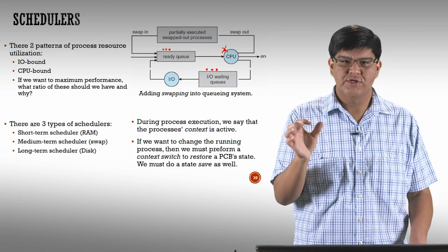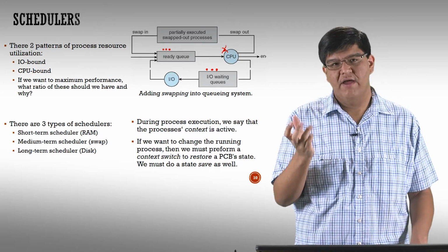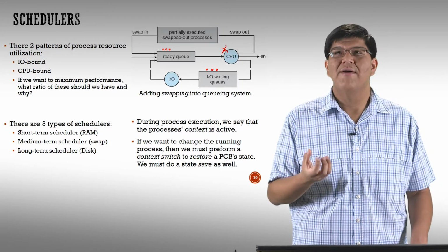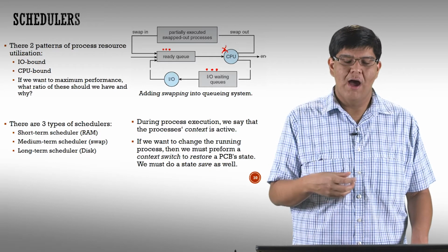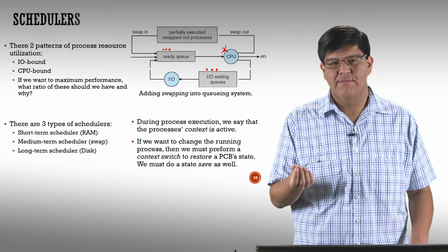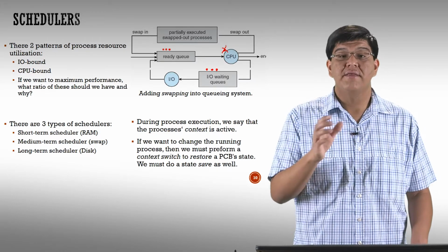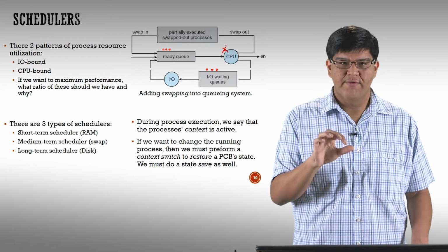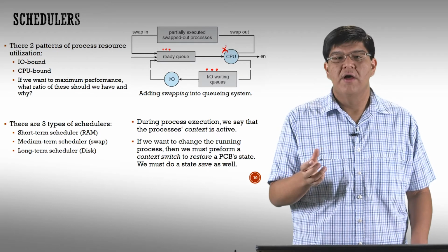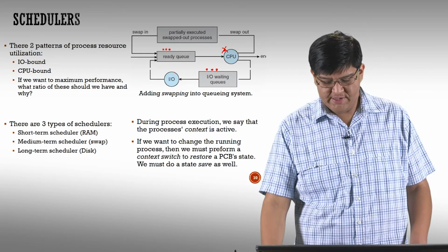Now the ratio here is maybe a little bit awkward to quantify because it depends how I/O bound or how CPU bound a particular program is. How much time does it need to spend on one of those resources? Ideally, what I want is some ratio of these programs that are CPU bound versus I/O bound, such that my 2 devices are always being used.